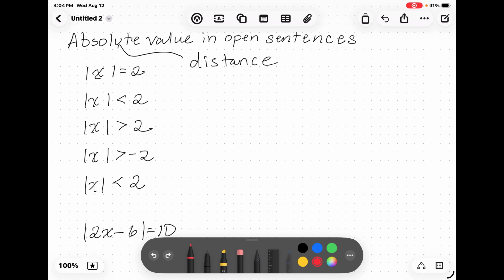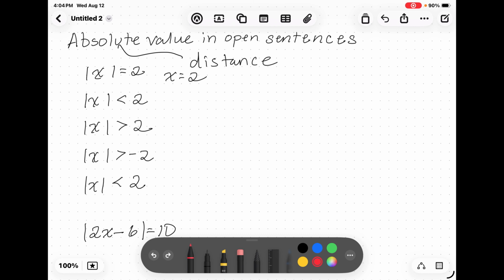Would you be able to solve that? Well, if x were equal to 2, this would obviously work. If I put a 2 in for x, the absolute value of 2 is equal to 2. So x equals 2 is a possibility.